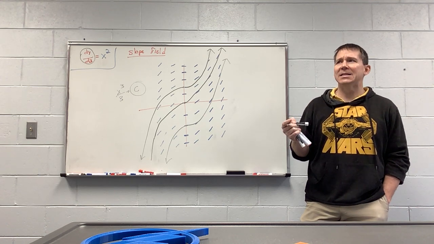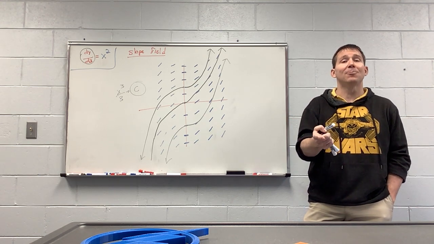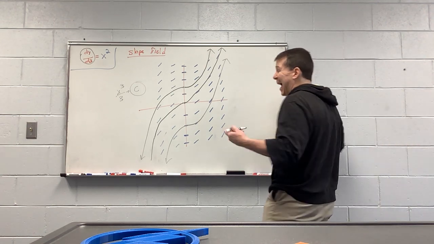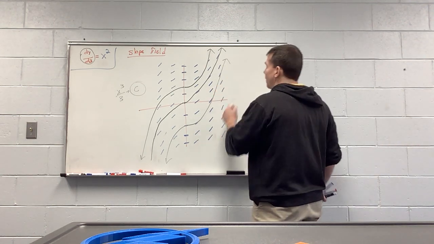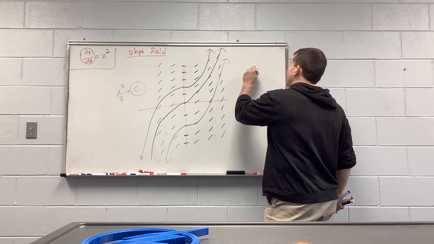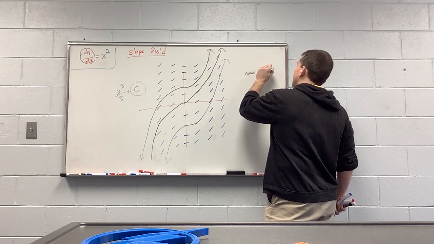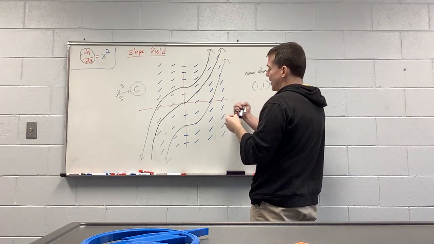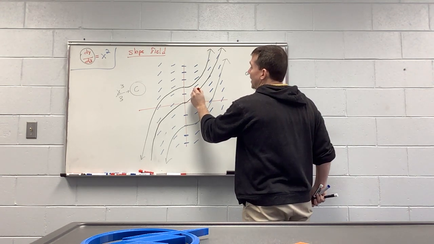If I wanted to make this an initial value problem like we did with acceleration, velocity, and position, I could say sketch a slope field and then find the curve through the point 1, 1. And for the sake of argument, I'll just say this is the point 1, 1.